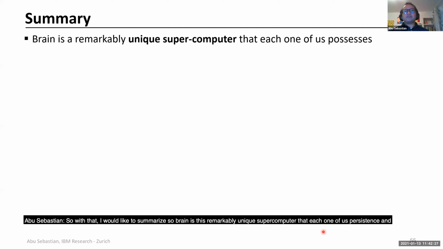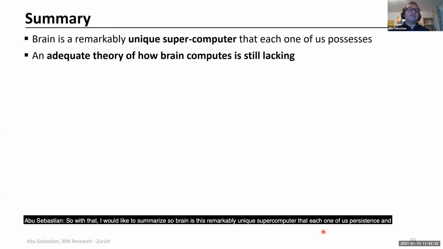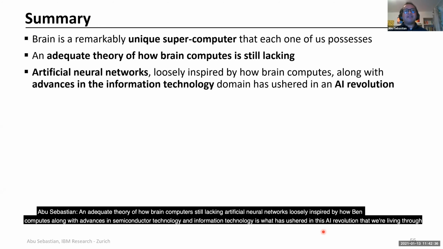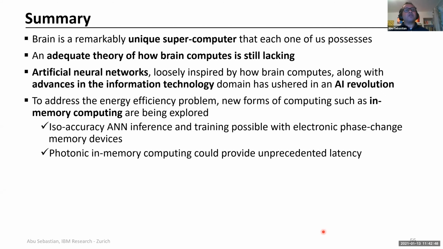The brain is this remarkably unique supercomputer that each one of us possesses, and an adequate theory of how the brain computes is still lacking. Artificial neural networks, loosely inspired by how the brain computes, along with advances in semiconductor technology and information technology, have ushered in this AI revolution that we are living through.